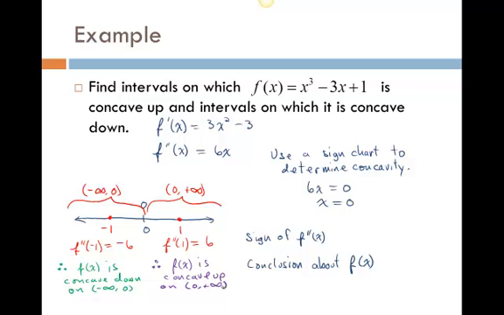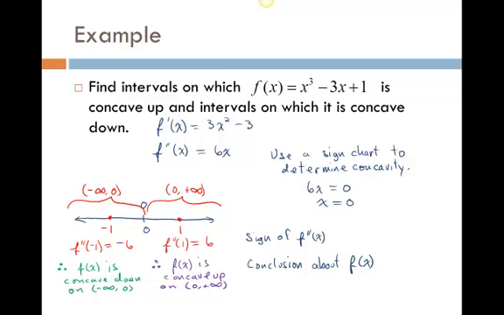Okay, so we're using the derivative now to tell us things about what's happening in the function. The first derivative is the rate of change, how quickly it's increasing or decreasing, the instantaneous rate of change.